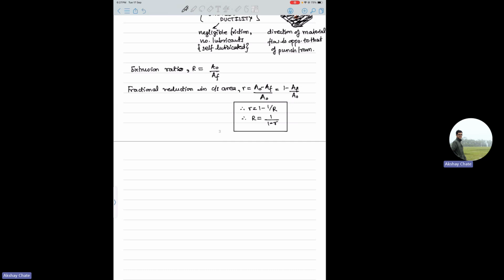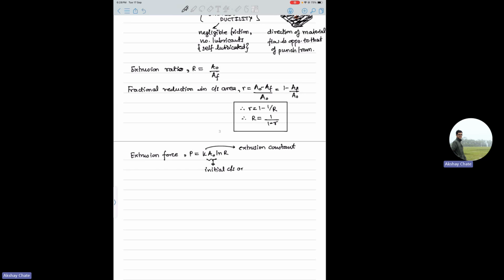Similarly, you have something called the extrusion force, typically denoted by P. There are different formulas for this, but the widely used ones are simple ones like these, where K is the extrusion constant, R is the extrusion ratio, and, very important, this is A naught, the initial cross sectional area.